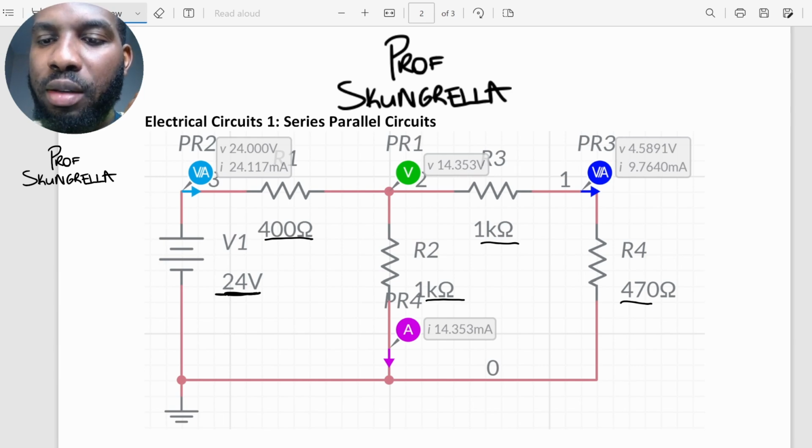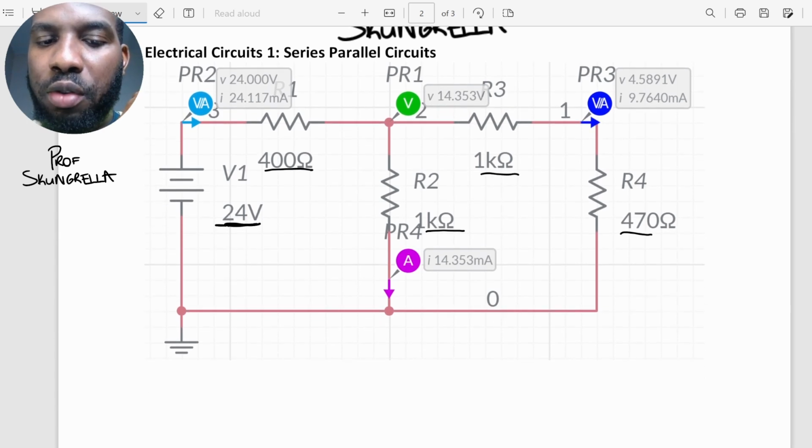In solving this, you see the total current that we got here from simulation. We have the total current in IA of 14.35 milliamps, and a total current in this area of 9.76 milliamps. Notice also we have a voltage. Our voltage has dropped from 24 to 14.3, so we can find the difference in voltage here.